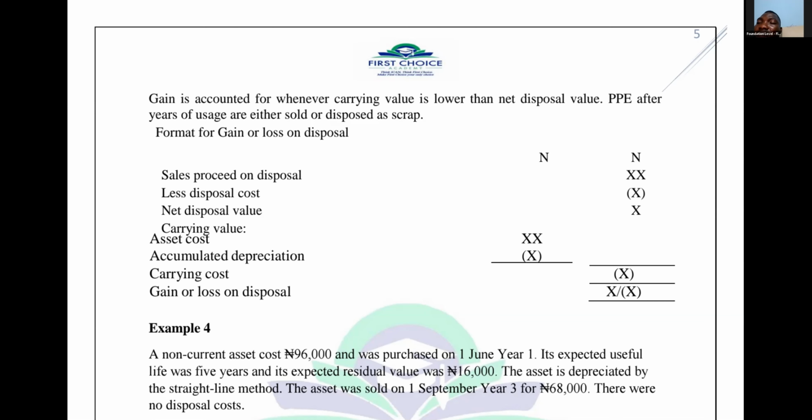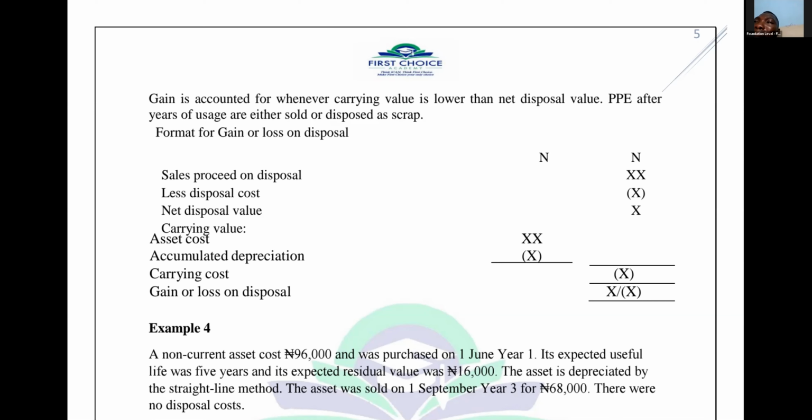I will explain that again. Please listen. For me to get my carrying amount or carrying value, the first formula is cost minus accumulated depreciation. Cost is the amount that you have used to introduce that asset into the business.